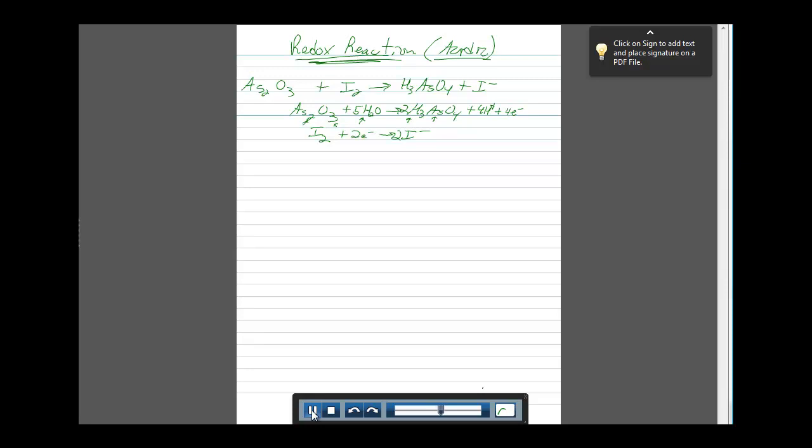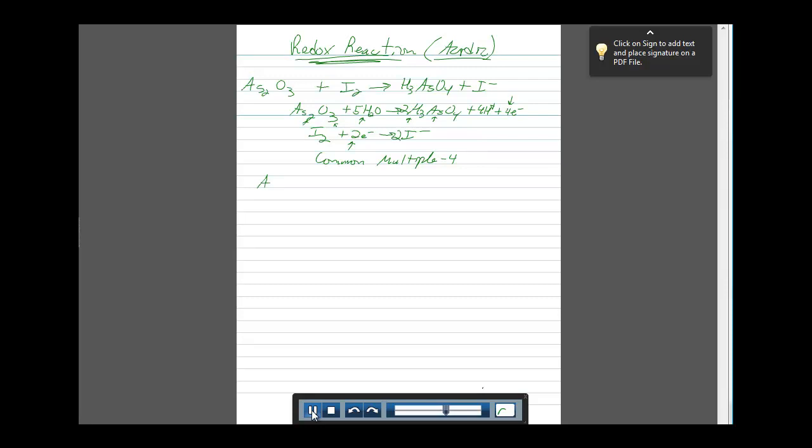So in this particular case, notice that we have 4 electrons and 2 electrons, so we need to find the common multiple of 4. So we need to do nothing to the first one, but double the second.